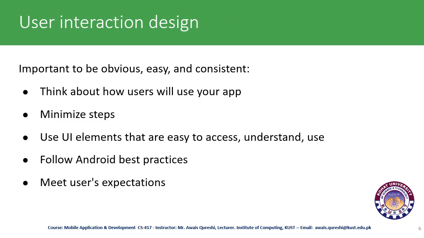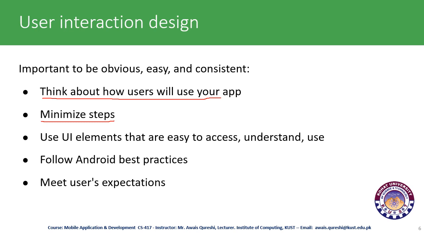User interaction design. First we should know what user interaction design is, and what design principles need to be followed when designing any Android app. So think about how users will use your app. The first point is, first we should think how users will use your app, and then the second step is minimize steps.